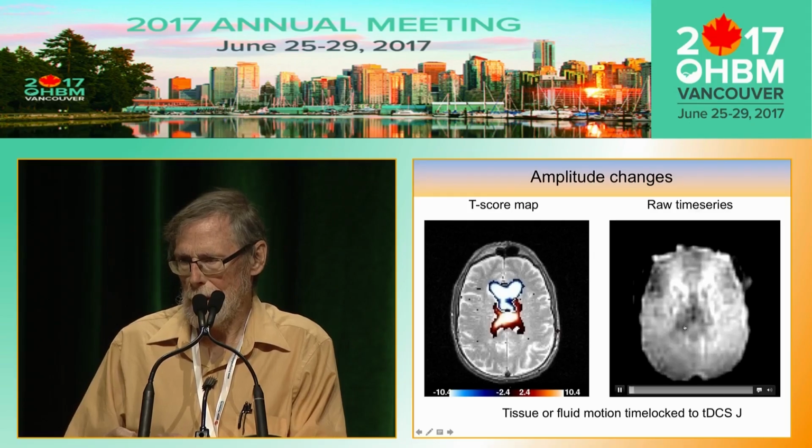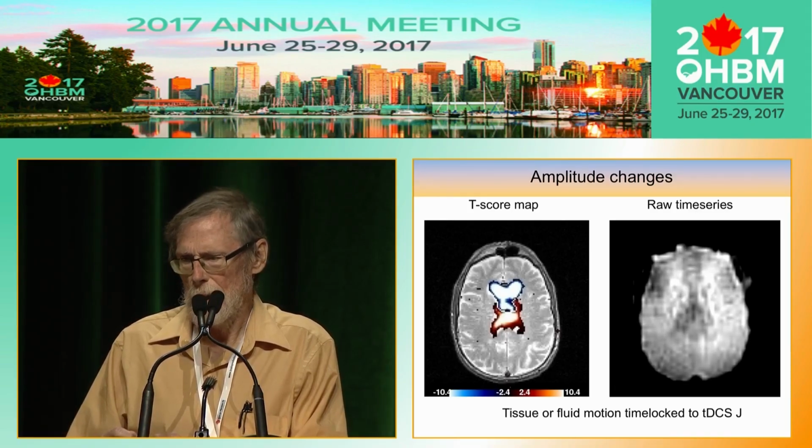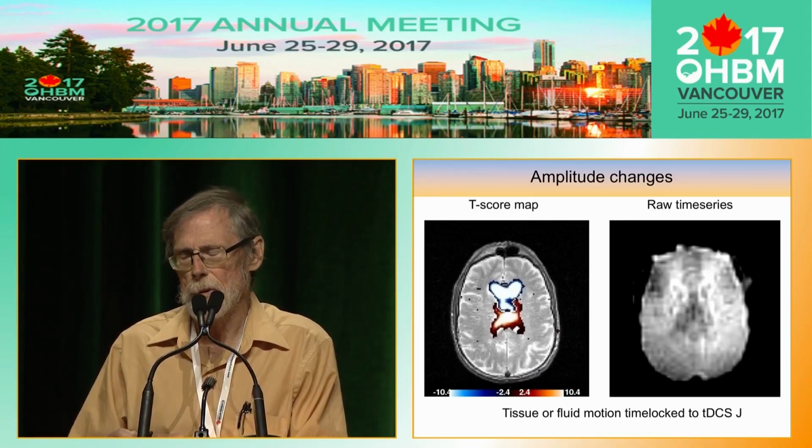Yeah. So if you look carefully, it looks like spins are moving up and down in the ventricles. So there's a tissue or some kind of a fluid motion that is very, very well localized to this region of interest, and it is perfectly in sync with the 50-second time constant of the sine wave.